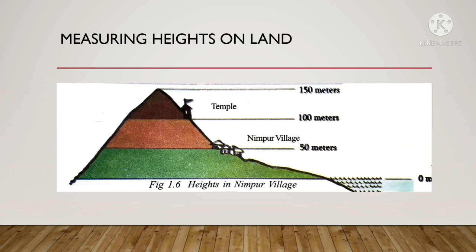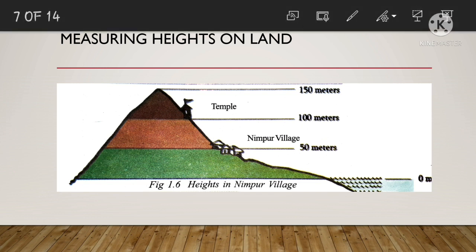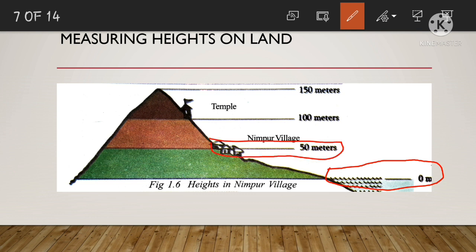Look at this picture. Here, the sea is taken to be at 0 meters. The first part is 50 meters above the sea level. The second zone is 100 meters above the sea level.